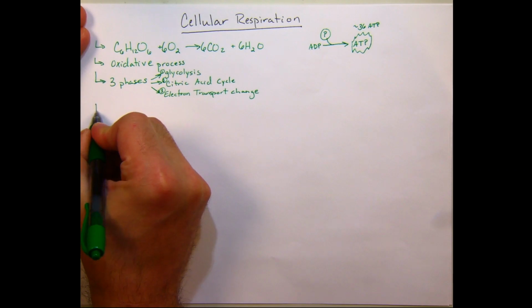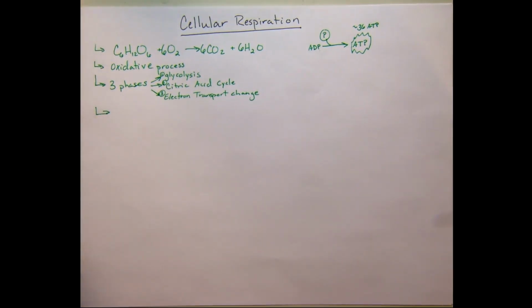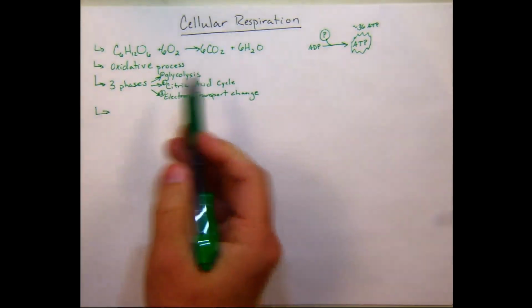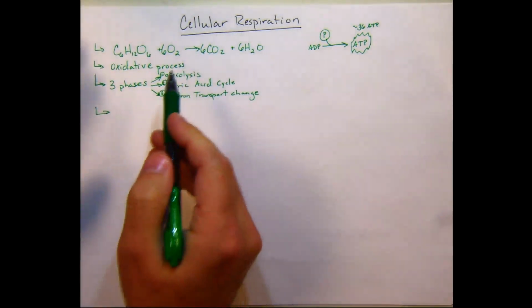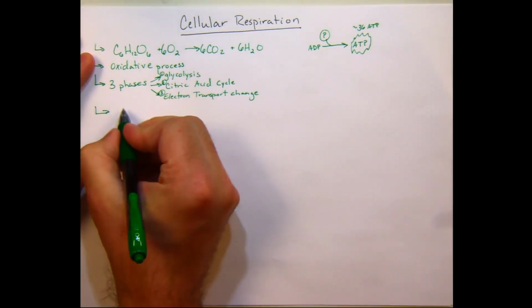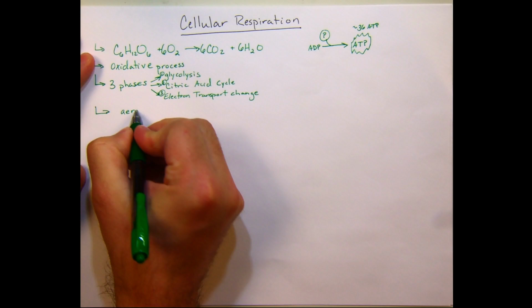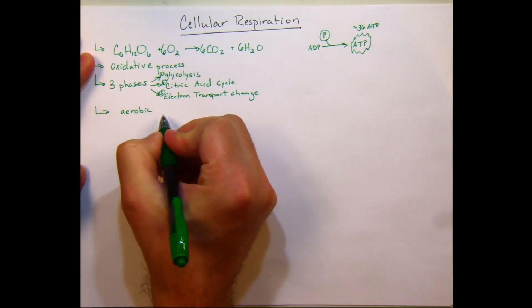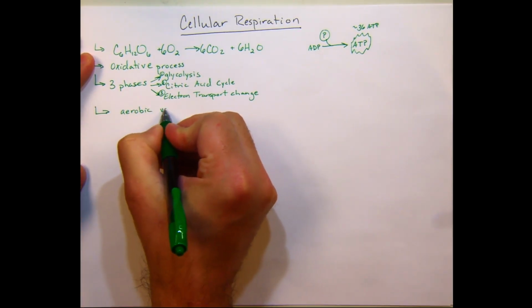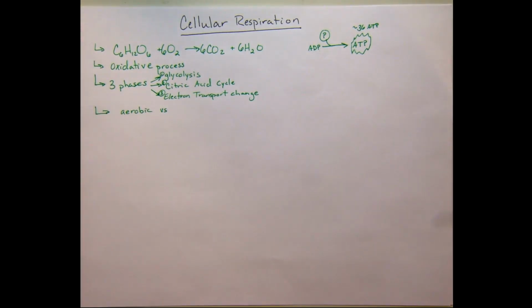Now, in terms of respiration, there are two types. Cellular respiration, for the most part, we have oxygen. We refer to that as aerobic respiration. Whereas some organisms live in an environment that's void or lacking oxygen, but somehow they still produce energy.